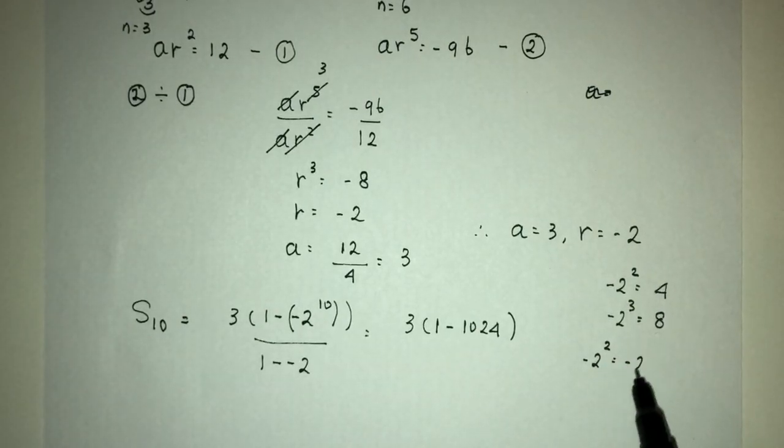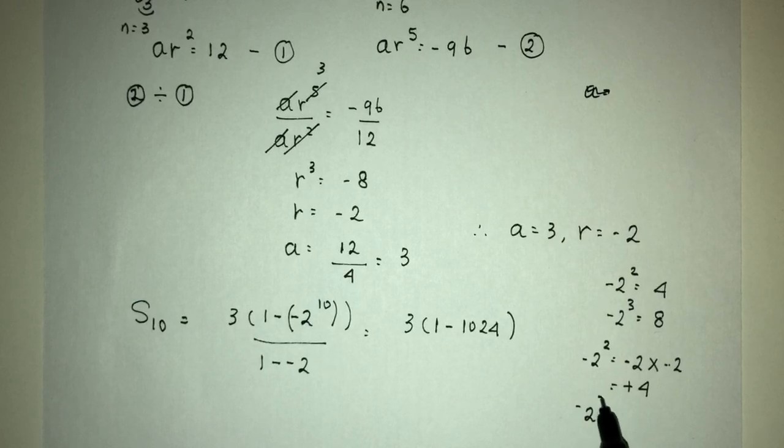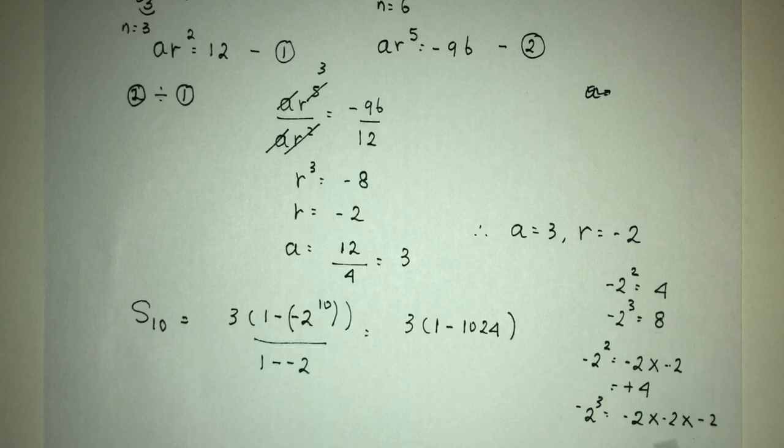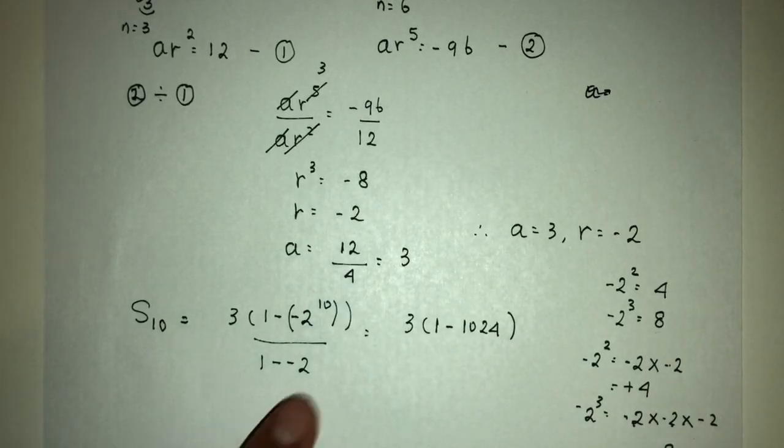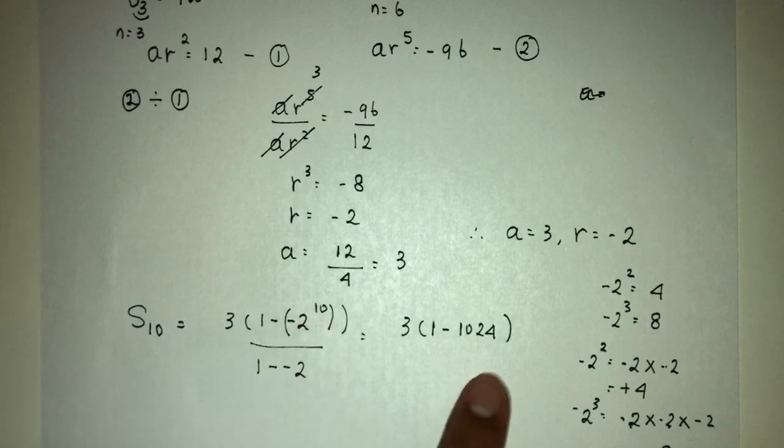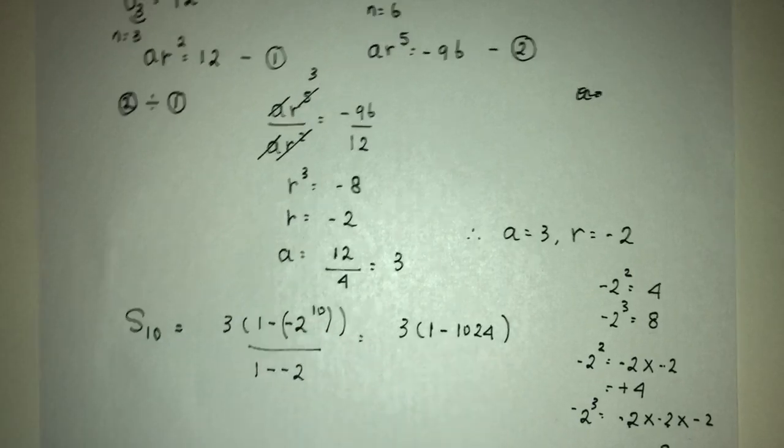It is minus 2 times minus 2. Now as you know, minus times minus becomes plus 4. Now again, what is minus 2 power 3? It should be minus 2 times minus 2 times minus 2. 2 times 2 times 2, that will be 8. Minus times minus is plus, times minus will be minus. So that's the only thing you have to keep in mind. When the power is even, it will give you a positive value for the inside.